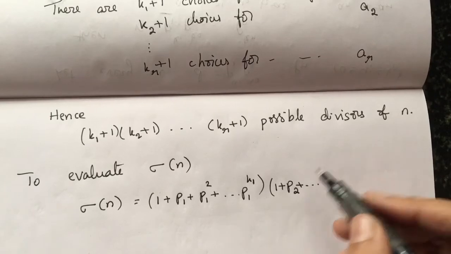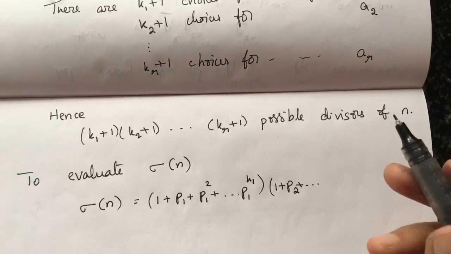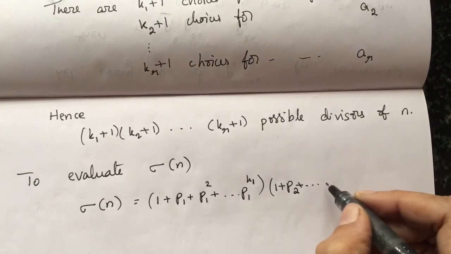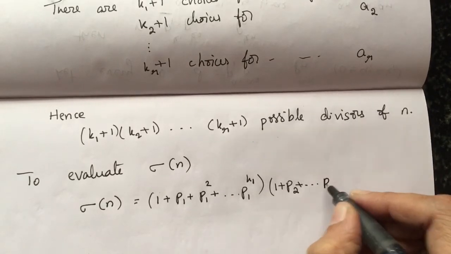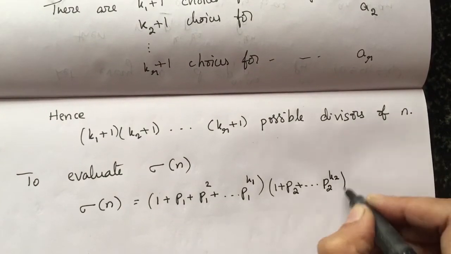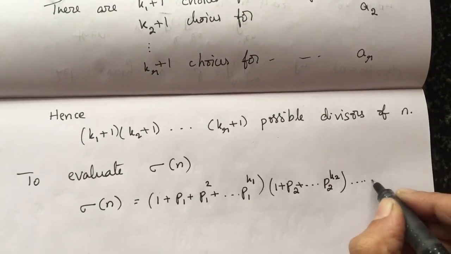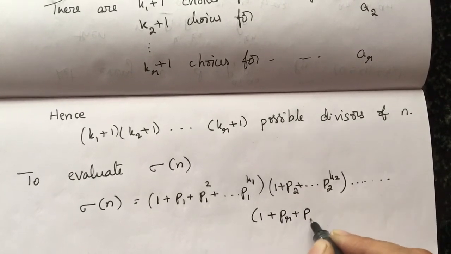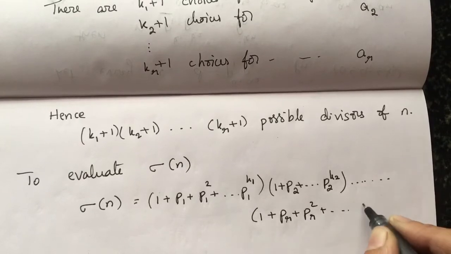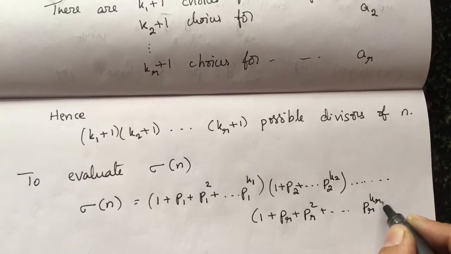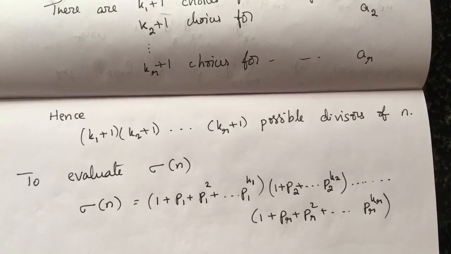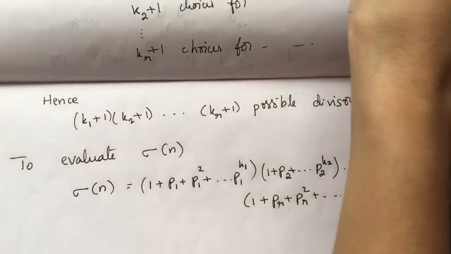I don't know how many times each prime appears in the prime factorization, so I'm taking this product. I'll explain with an example later how this helps in proving this.